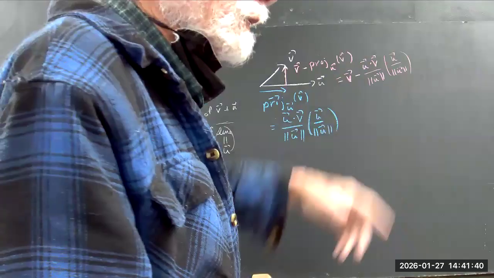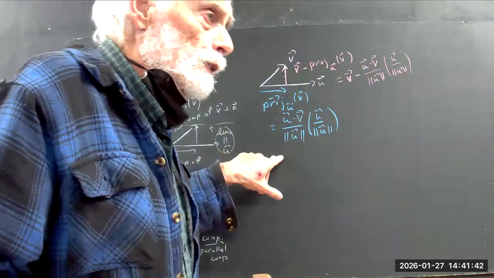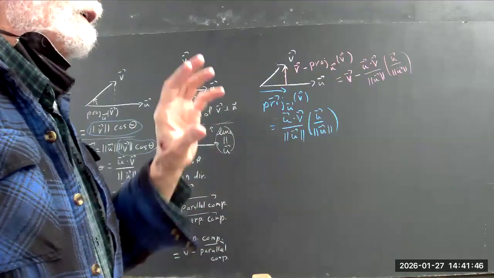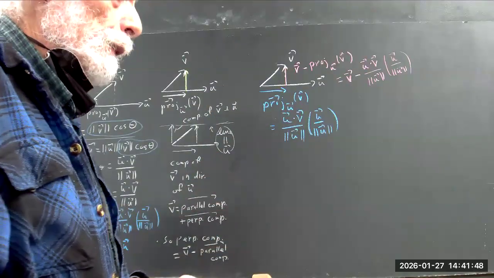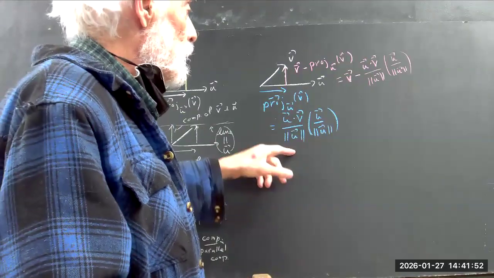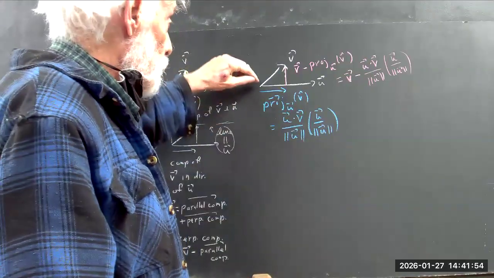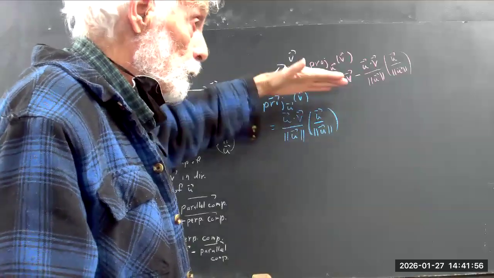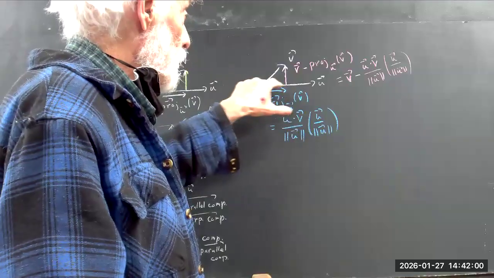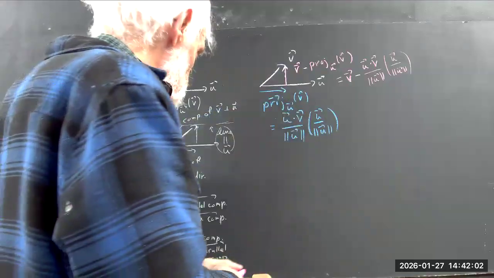And I wouldn't memorize this as a formula. I would recommend understanding what the projection is and why this is the formula for the vector from here to here in the direction of U, magnitude equal to this side of this triangle.